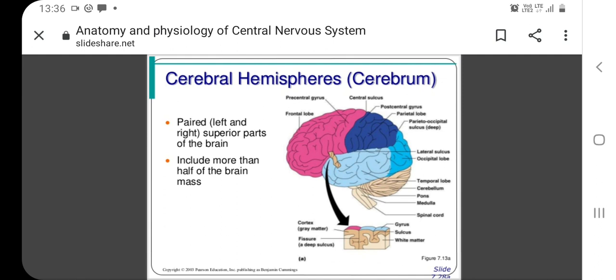Various studying techniques were used, like TMS, transcranial magnetic stimulation, or magnetic resonance imaging, MRI, or EEG, electroencephalogram. Likewise, several techniques have been employed to understand the function of the brain.